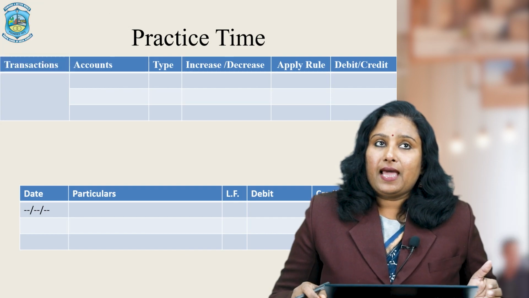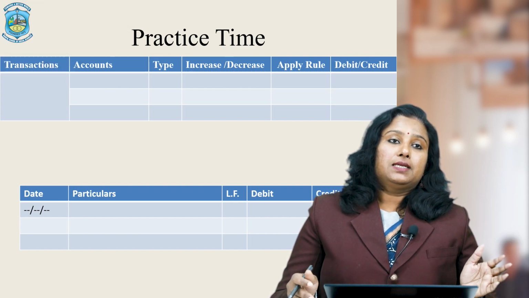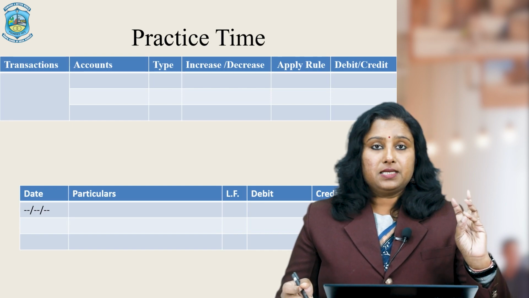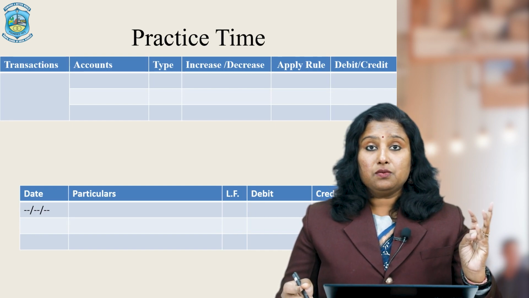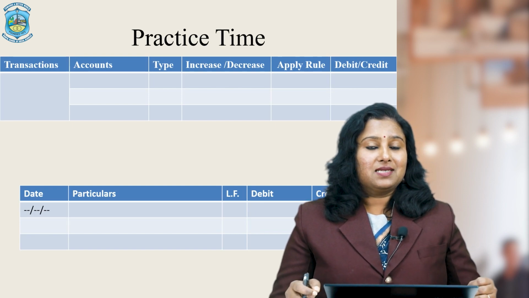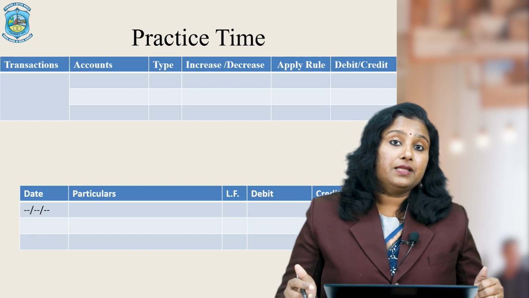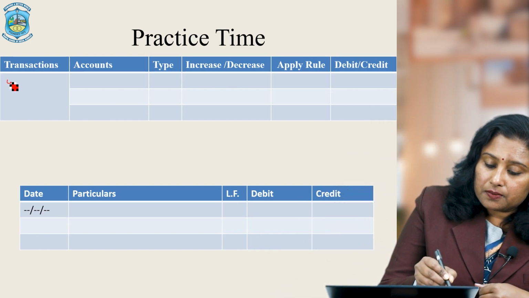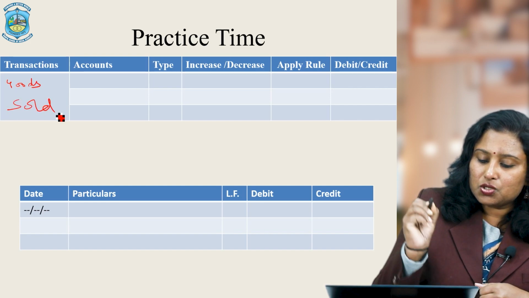Okay, we have till now talked about certain transactions that lead to either asset account, liabilities account or expenses account. Now let's talk about something else. That is, what if we are selling the goods? So let us write the transaction: goods sold.